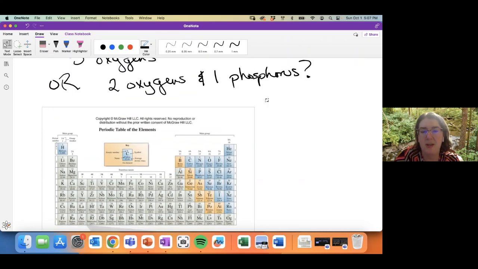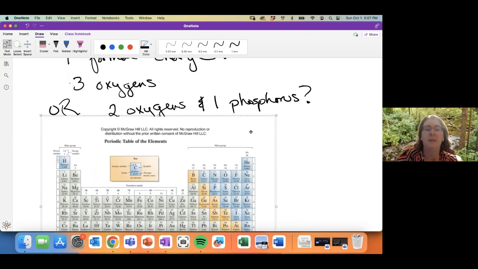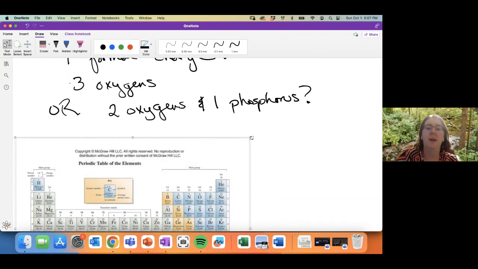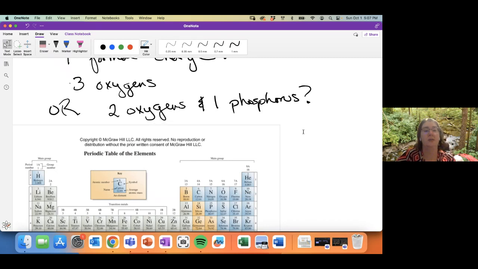This is now a question of electronegativity. The question is, which element is more likely to carry a negative formal charge? Which one's more likely to want more electrons? And that one's going to be the one that's typically more stable. So here's fluorine, the most electronegative atom that we have. And then here's oxygen, and here's phosphorus. Oxygen is much closer to fluorine than phosphorus.